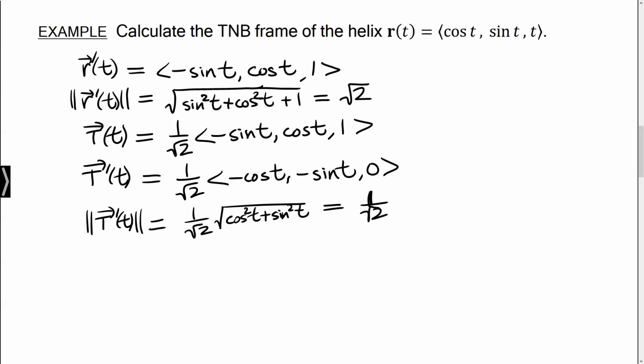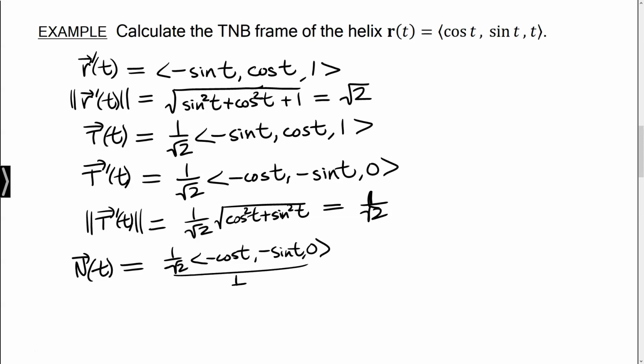And that means our unit normal vector is 1 over root 2 times minus cosine, minus sine, 0, all divided by 1 over root 2. So those 1 over root 2's go away, and we just end up getting minus cosine, minus sine, 0.